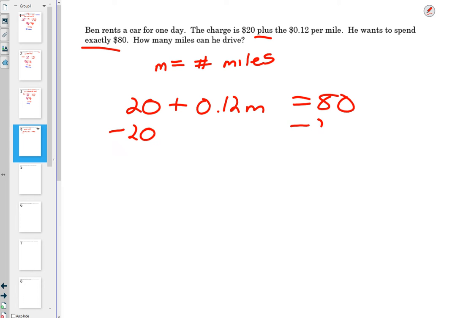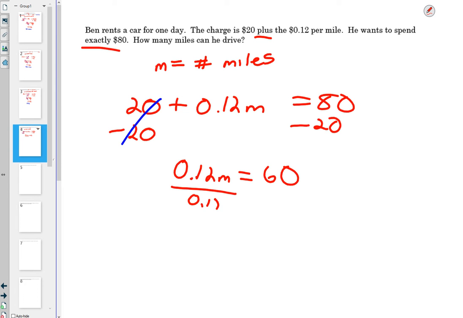Minus 20, minus 20. 12 cents per mile. It's going to get you to $60. Divided by 12 cents. Calculator to the rescue. And this 500.